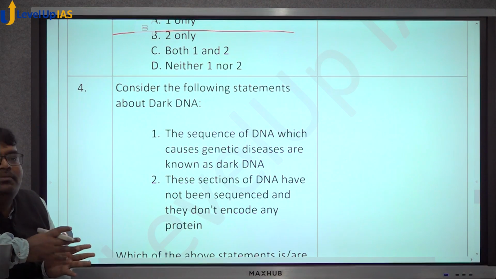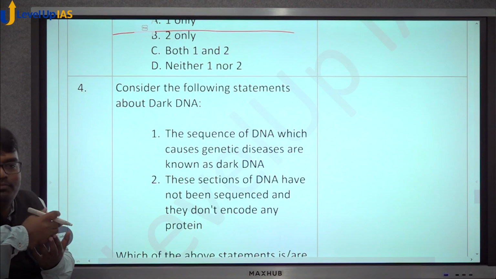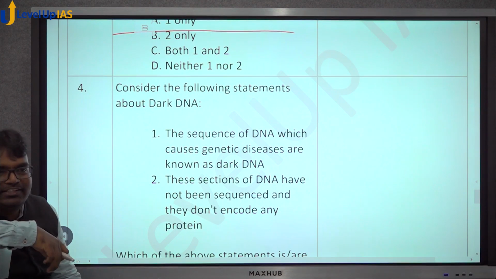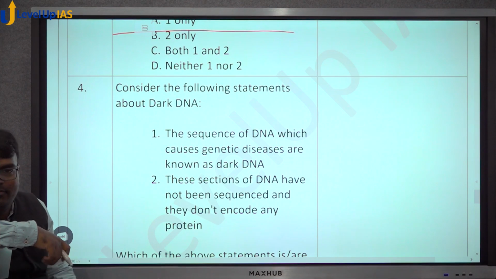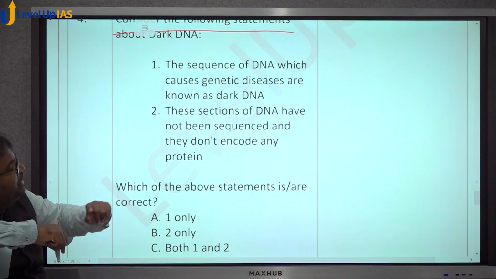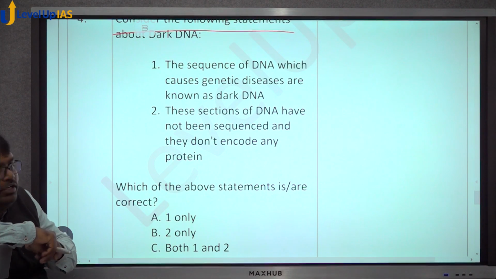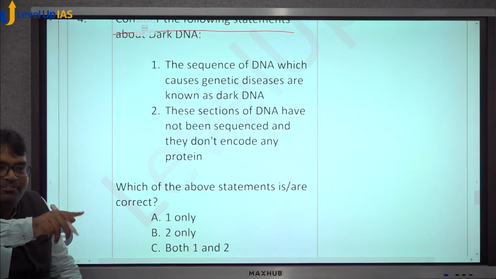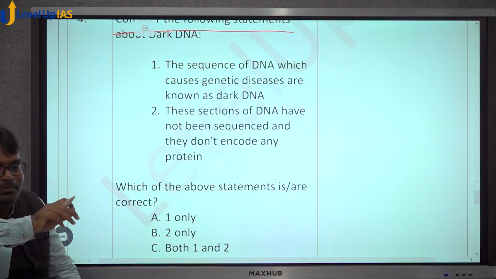Dark DNAs are some DNAs which we have not been able to identify exactly, but they are not necessarily causing disease. So the first is wrong. Second, these sections of DNA have not been sequenced and they don't encode any protein. They have not been sequenced, but they do encode protein, right?